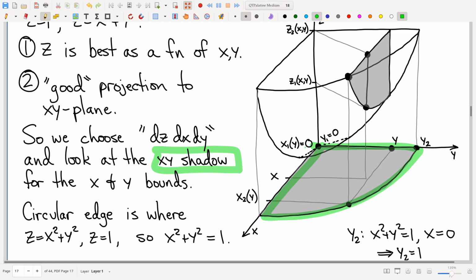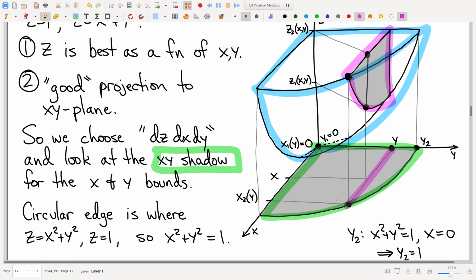Okay. Now, who cares about the shadow? We weren't asked a question about the shadow. We were asked a question about the solid. So why am I interested in the shadow? Here's the reason why. If you look at your solid, and you think about what these slices look like, every slice of our solid has its own shadow.